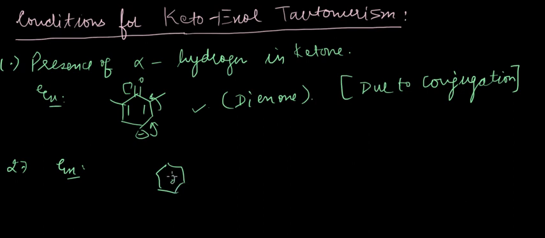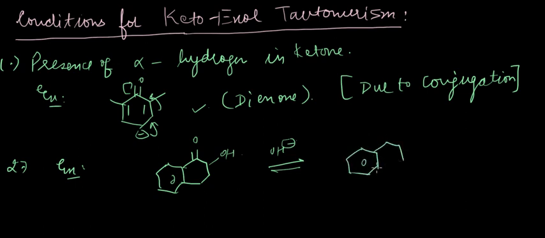So suppose we had the aromatic ring, and attached with it is another ring. We have OH here, let's suppose, and here we have OH minus. So it will now convert into, it will attack this hydrogen, negative charge will be formed here, so it will form a double bond here.